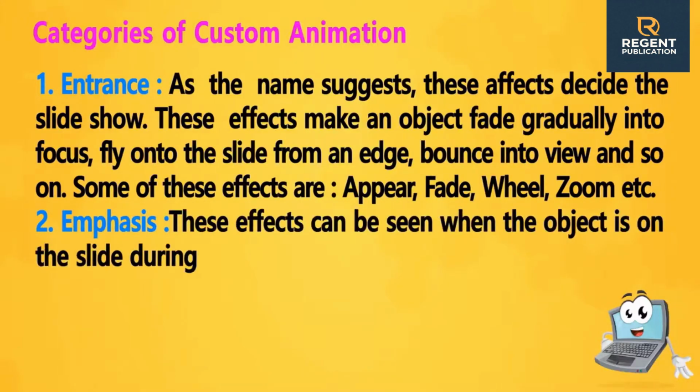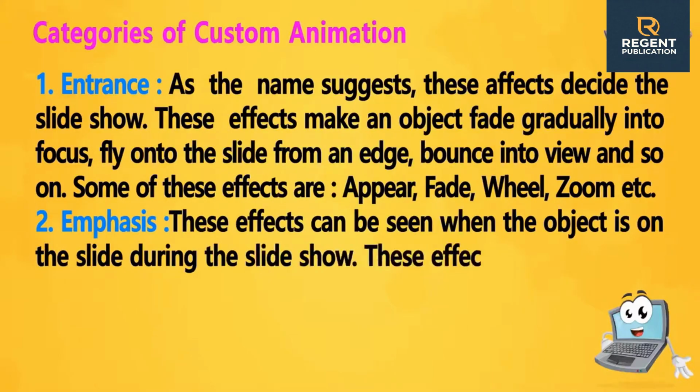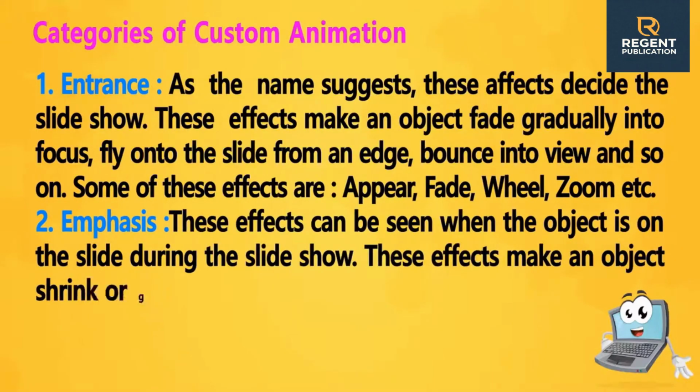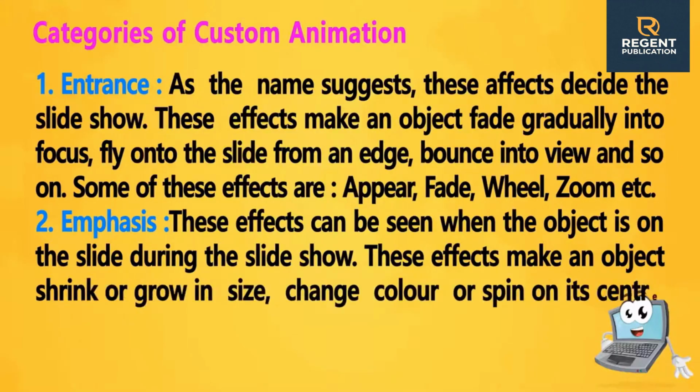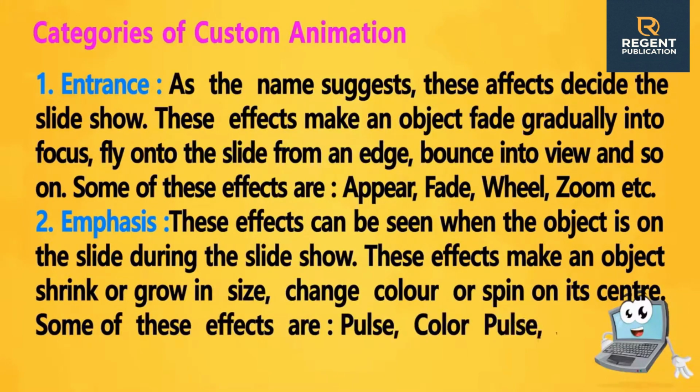These effects can be seen when the object is on the slide during the slideshow. These effects make an object shrink or grow in size, change color, or spin on its center. Some of these effects are pulse, color pulse, teeter, bold flash, etc.